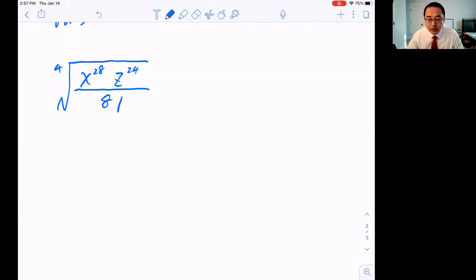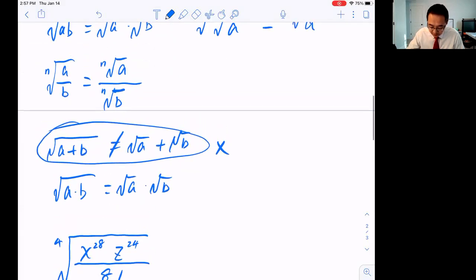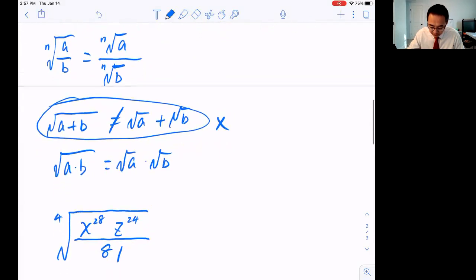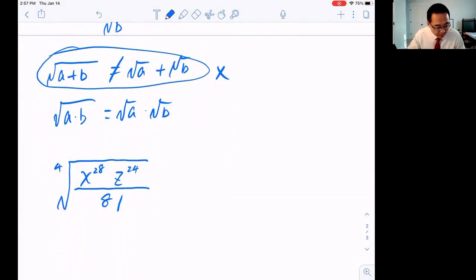I'll give you guys some time and then see if you can figure it out. I'll see if I can fit all the properties in the same screen. I can't quite fit them all in one screen, so you'll have to look it up yourself, I guess.